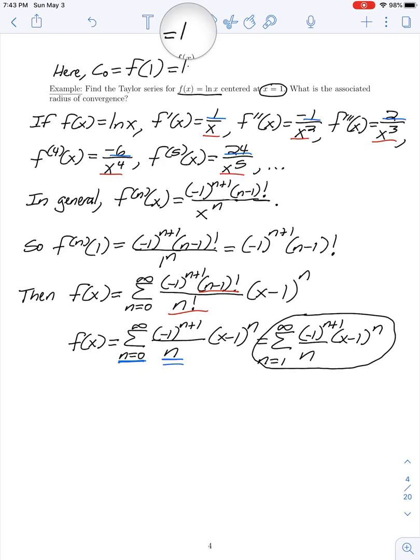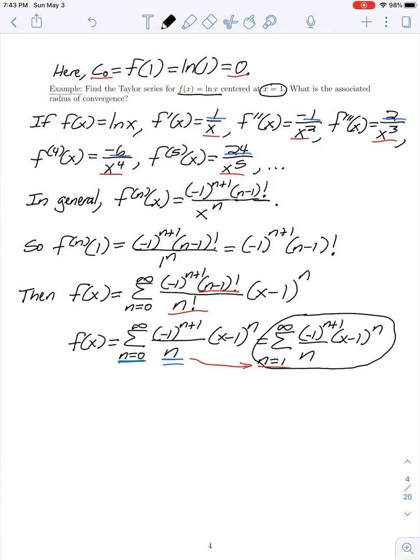So evaluating at 1, we have the natural log of 1, which is 0. So the 0th term in our series does not appear. It has a 0 value, which is why I'm allowed to change my starting value from 0 to 1 without manipulating the general term of my series. So here a little bit tricky because the value of our function natural log x at the given x value of 1 is itself 0. So that means that 0th term is not appearing.